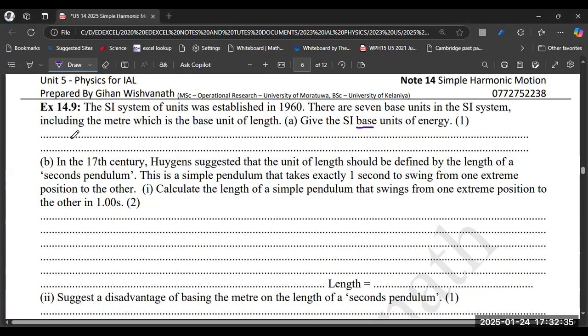Let's see where the energy comes from. We'll forget everything and go for a better equation for the energy. Energy is actually the work done. Work done is equal to force multiplied by distance.